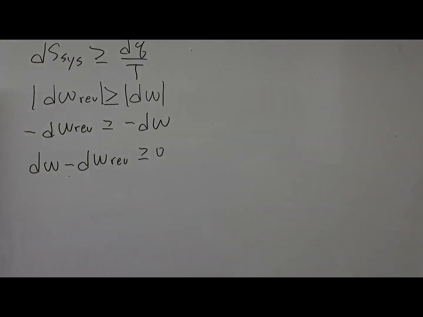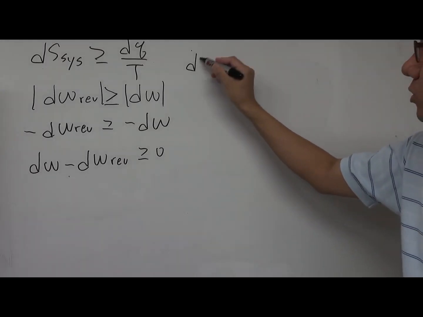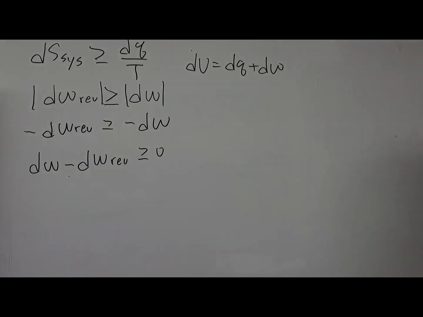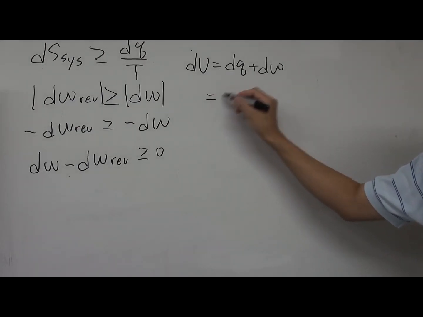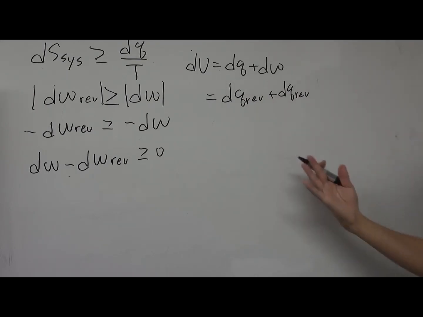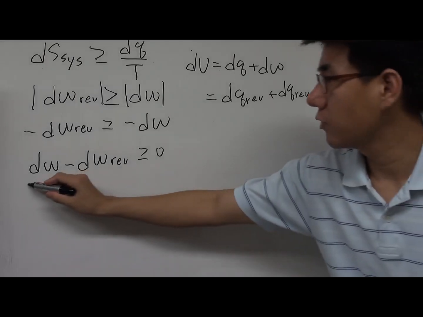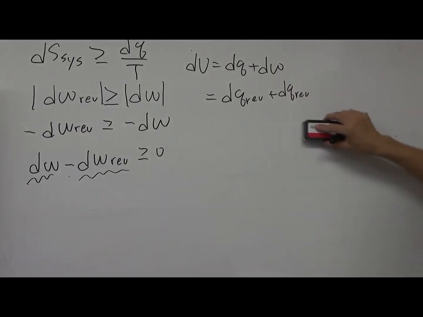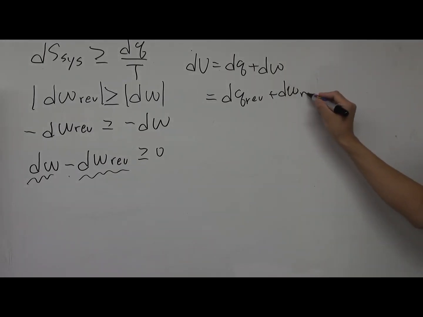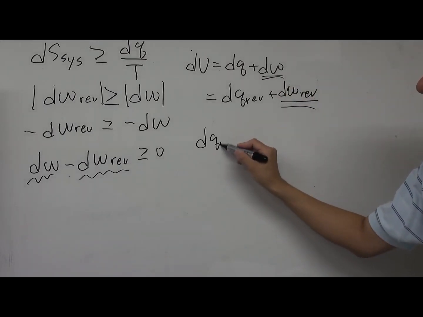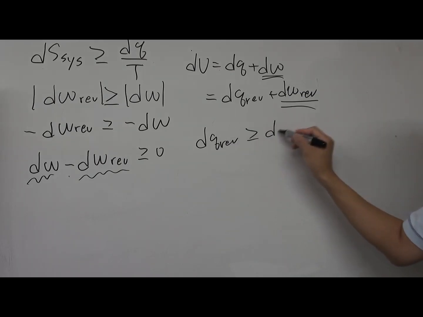From the first law of thermodynamics, dU is equal to dq plus dW. This first law should also hold for reversible process, for any process actually. Since dW is larger than dW reversible, this means that the q reversible is larger than the q.